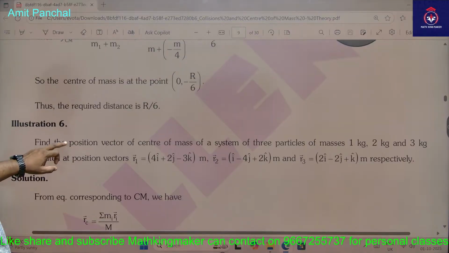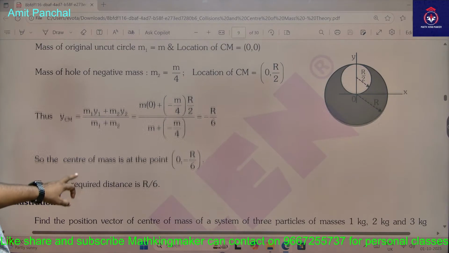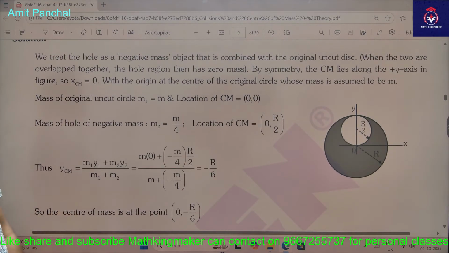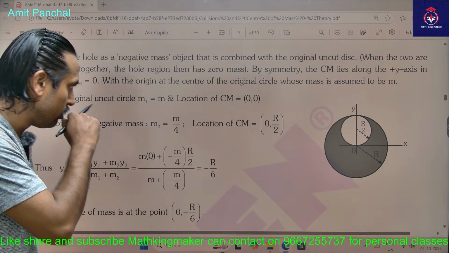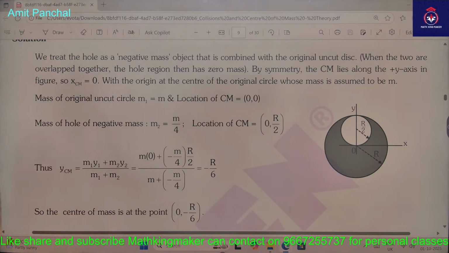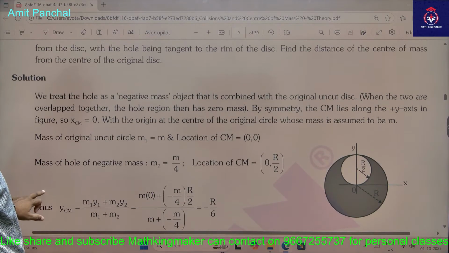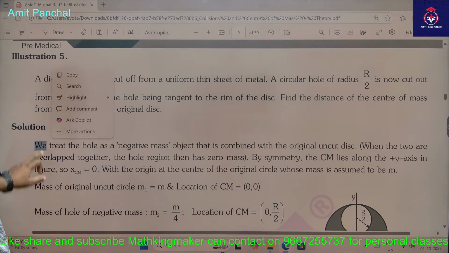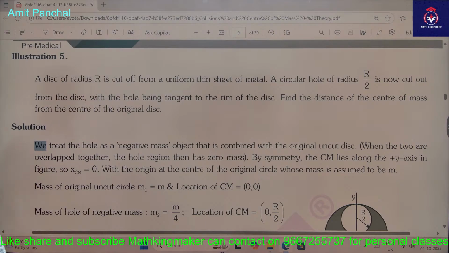Can you just explain why the mass of the small one would be m divided by 4? Yeah, the mass of the circle that was removed is m divided by 4. What is the question? A disc of radius r is cut off from a uniform thin sheet of metal.